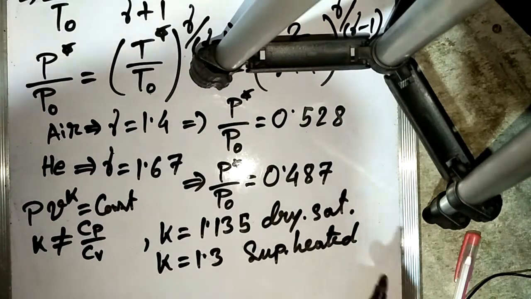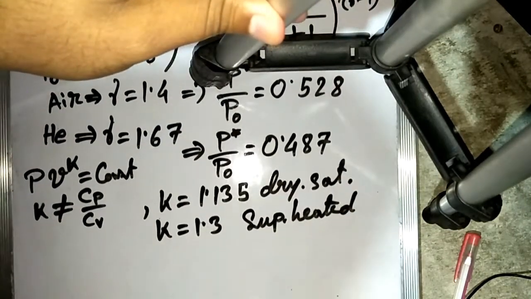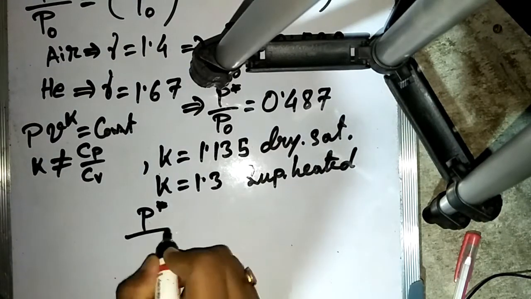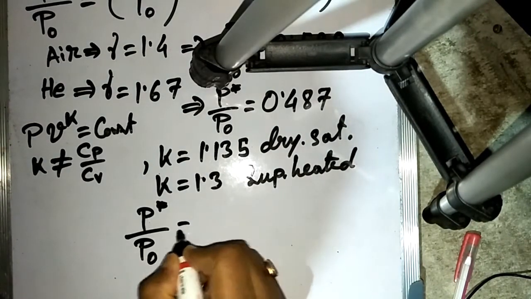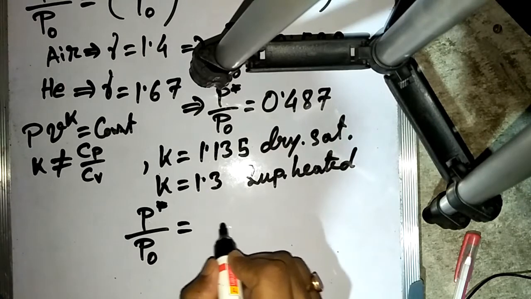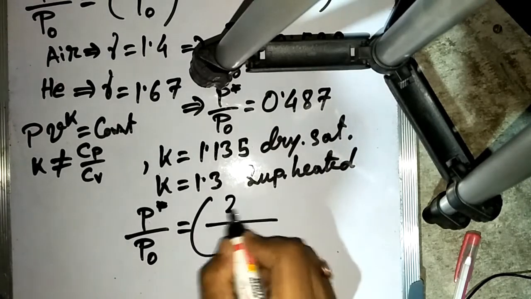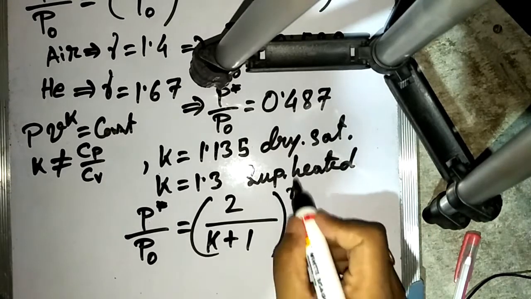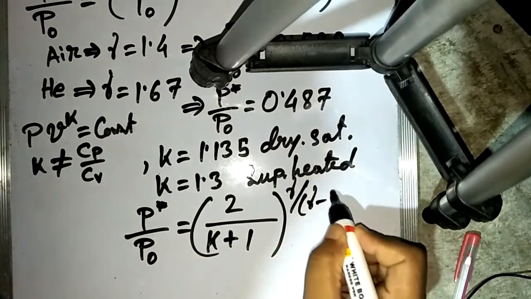The similar formula can be applied for these cases also, that is P star by P0 equals 2 by K plus 1 to the power K by K minus 1.